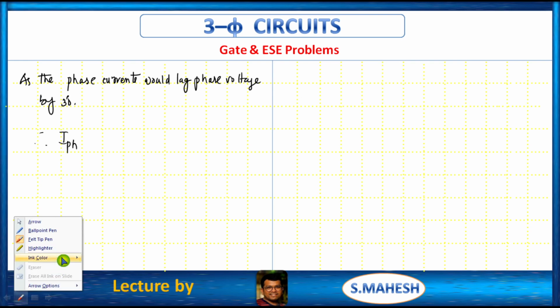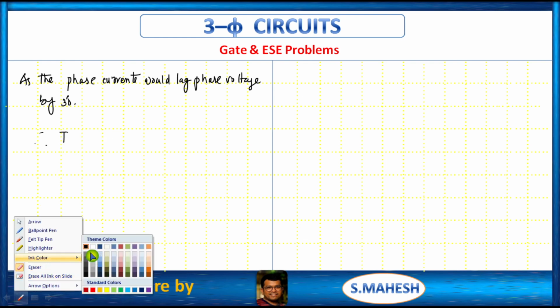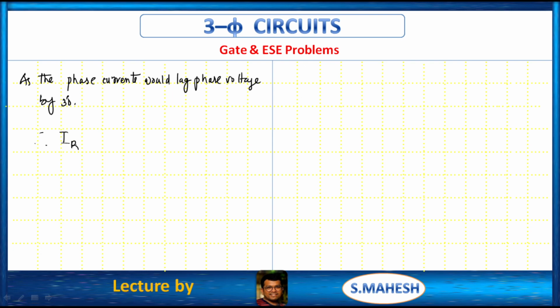Let us say IR, right? Which is equal to 231 by Z. Assume V by Z into root 2 into sine omega t minus 30, because the current lags phase voltage by 30 degrees.